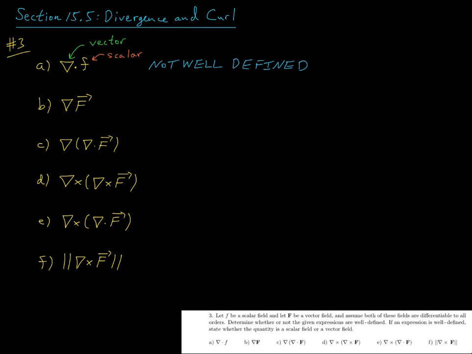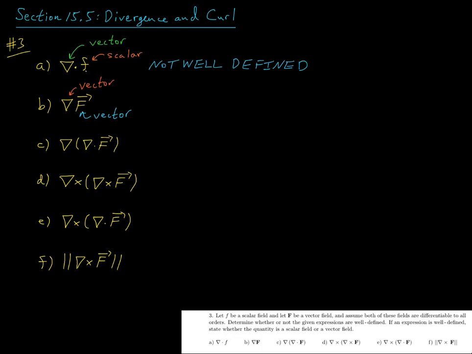All right, moving on to B, we have del of the vector field F. Well, here, again, del is behaving like a vector, and capital F here is a vector field. And this is trying to take a certain kind of product. Now, if this was a scalar function, in other words, little f, then that would make sense.